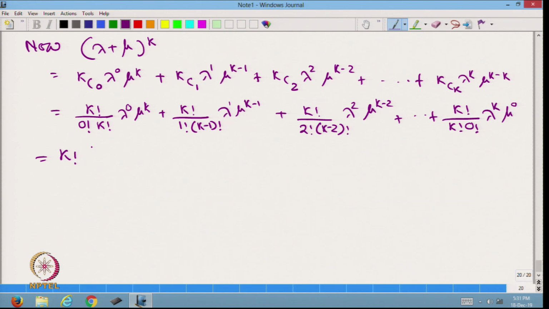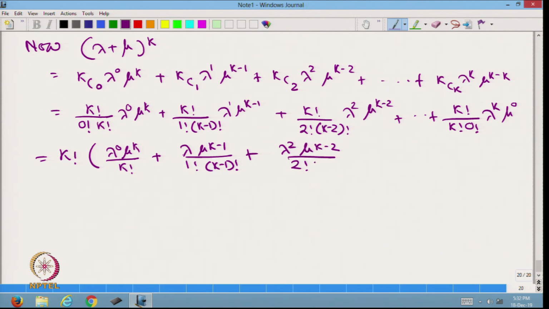equal to k factorial into lambda power 0 mu to the power k upon k factorial plus lambda mu to the power k minus 1 upon 1 factorial into k minus 1 factorial plus lambda square mu to the power k minus 2 upon 2 factorial into k minus 2 factorial, up to 1 upon k factorial lambda power k.